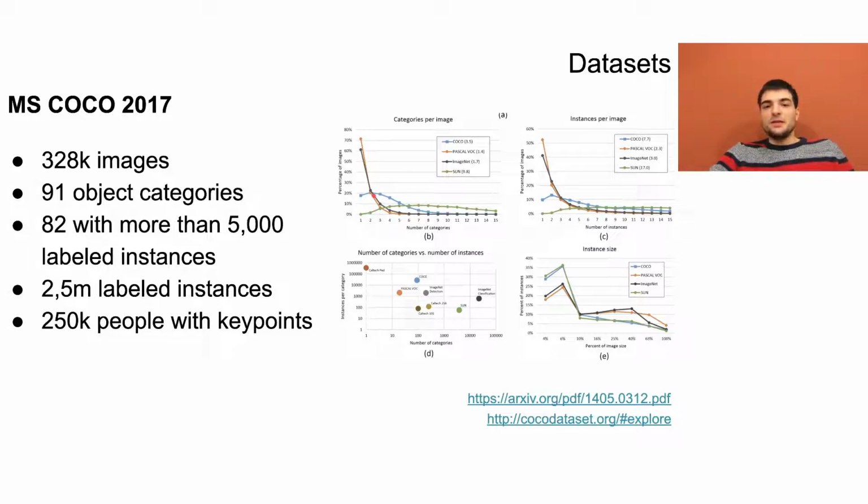Most images have 2 or 3 categories, and almost no images have 10 or 15 or more categories. We usually have about 1 to 7 instances on every image. So it's not one instance per image like we have on ImageNet or Pascal, as you can see here. And actually, that's kind of interesting.